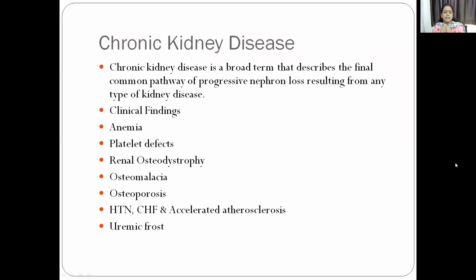So that imbalance will cause hypertension in the patient. Then accelerated atherosclerosis. Then uremic frost. Urea will get deposited in the skin and this will result in uremic frost. So this is about the renal failure happening because of different diseases and causing different clinical findings.